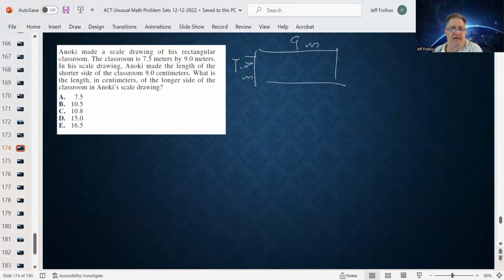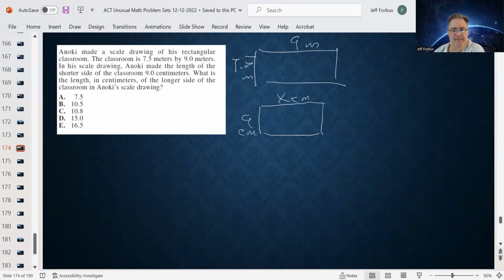Now, in his scale drawing, Noki made the length of the shorter side of the classroom 9 centimeters. So 9 centimeters. What is the length in centimeters of the longer side? So we're looking for X centimeters. Well, we have a proportional relationship set up here.